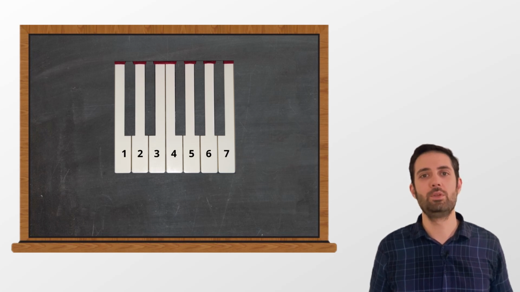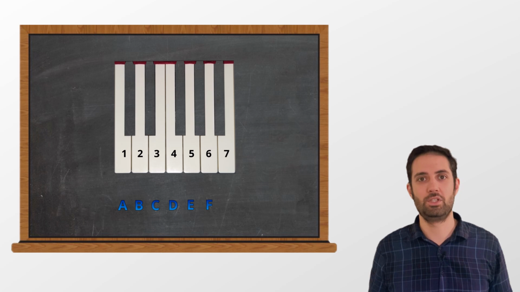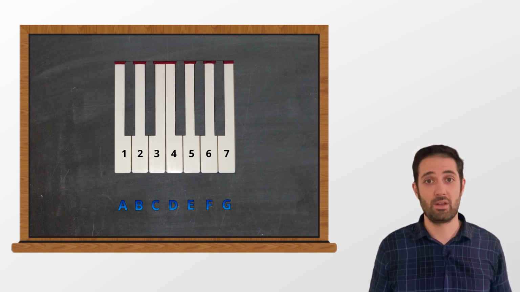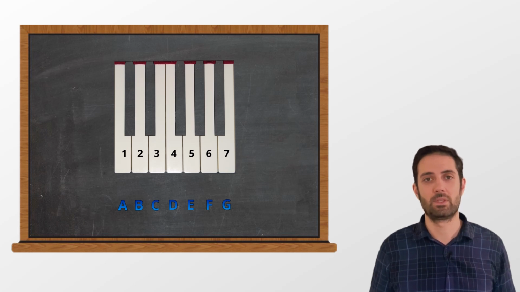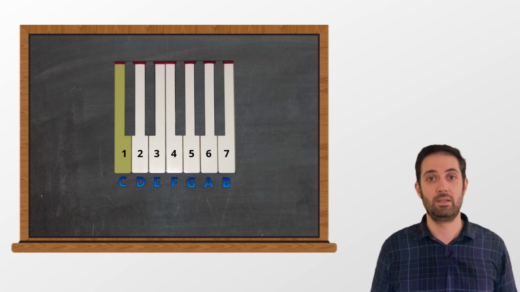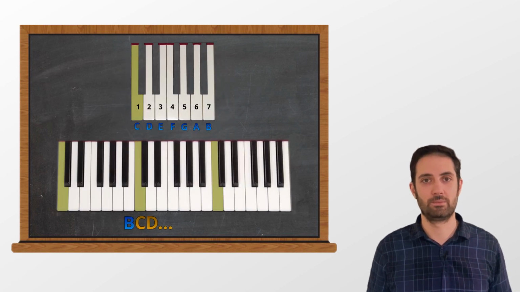We can now simply use the first 7 letters of the English alphabet: A, B, C, D, E, F, G. But if we have a look at the sequence we have used as a reference, we need to rearrange these letters starting from C. So this is C, then D, E, F, G, A, B. And after B, we start again from C, D, and so on.